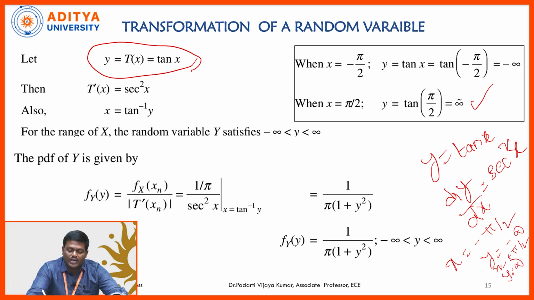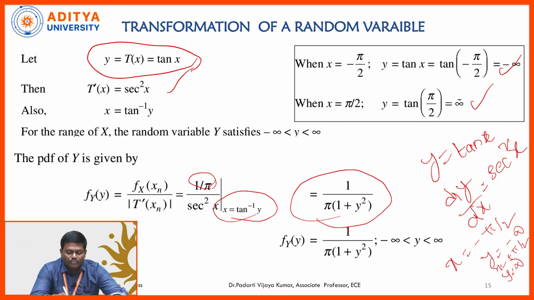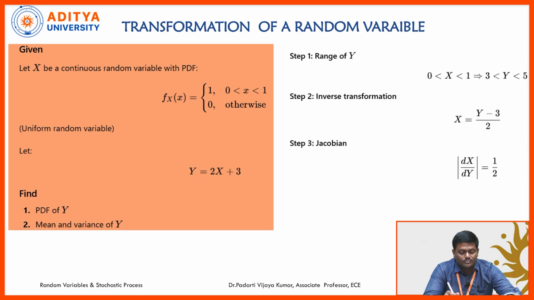So, the limits of y are changed, and this is the transformation, T dash of x is equal to secant square x. So, fY(y) is equal to fX(x) divided by the transformation, 1 by pi over secant square x, and x values are tan inverse y. So, substituting this, we will get fY(y) as 1 by pi times 1 plus y square, and y limits are now minus infinity to plus infinity.